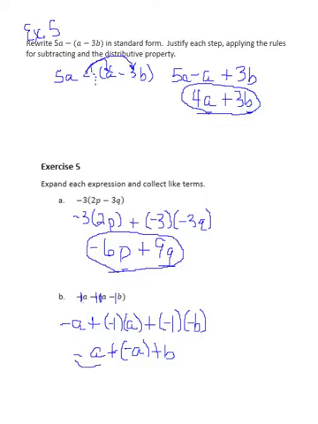So we have a negative a and a negative a. They are like terms, so we can add those two together, and we have how many negative a's? We have 2 negative a's. Plus, I'm just going to bring this guy down because he doesn't have anything to combine with. So we're left with a negative 2a plus b.